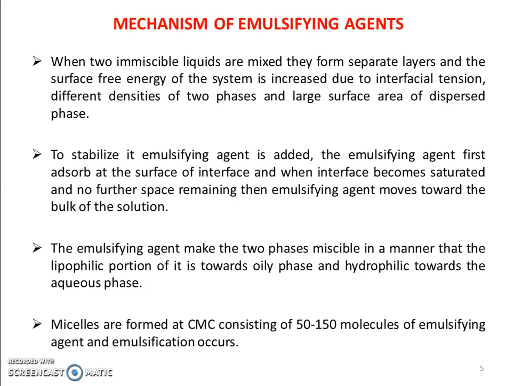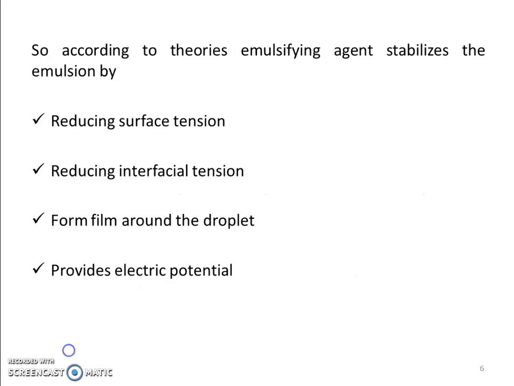The emulsifying agent makes the two phases miscible in a manner that its lipophilic portion is towards the oily phase and its hydrophilic portion towards the aqueous phase. Micelles are formed at the CMC, which consist of 50 to 150 molecules of an emulsifying agent, and at this point the emulsification can occur.